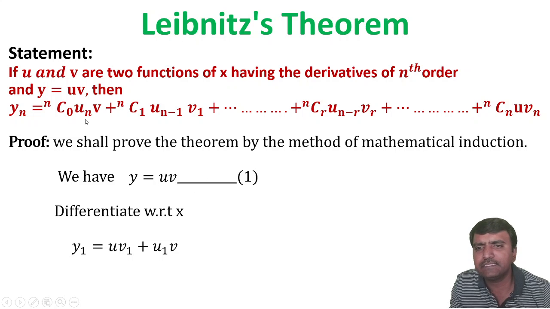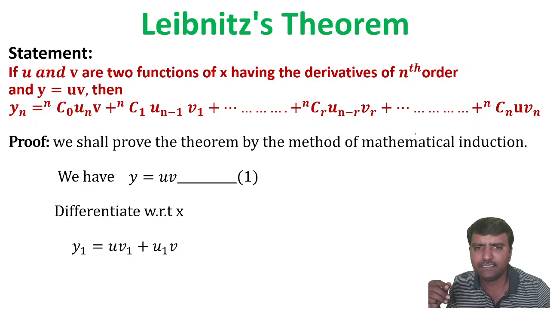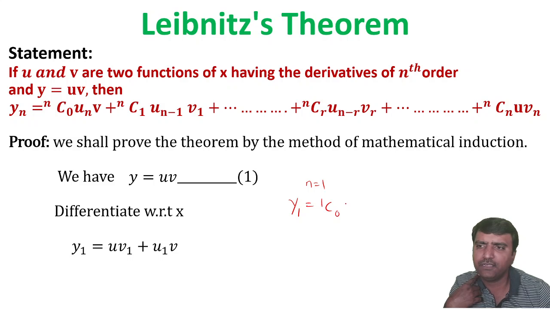If you take n equal to 1 in the expression of the theorem, it also gives the same. Let us check. If n is 1, we get y_1 equal to 1C0 into u_1 v plus 1C1 into u_(1-1), that is u_0, into v_1.